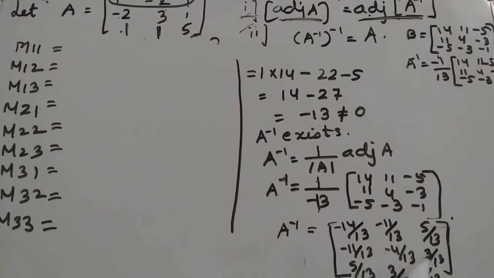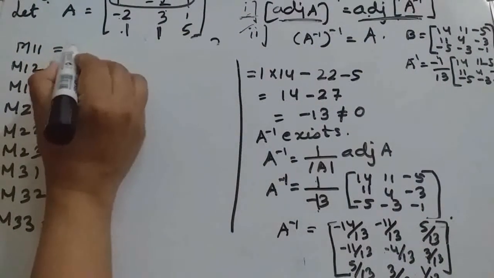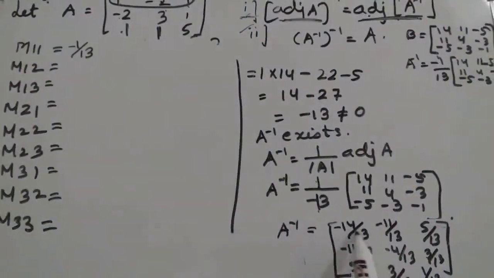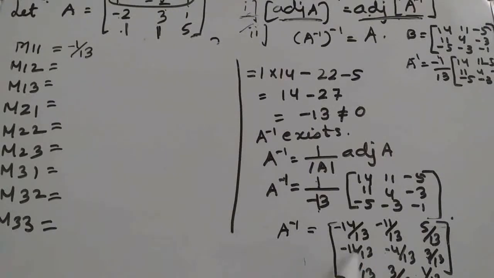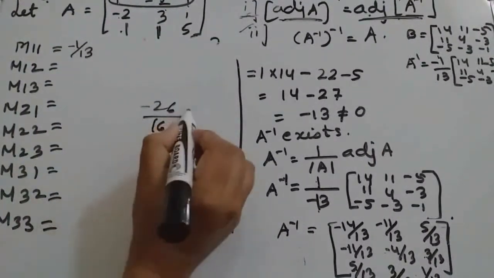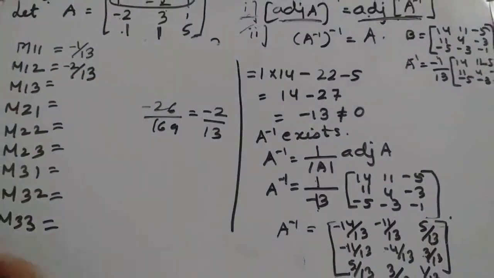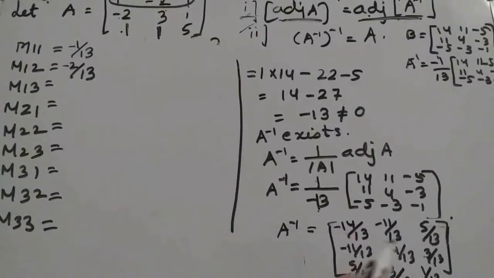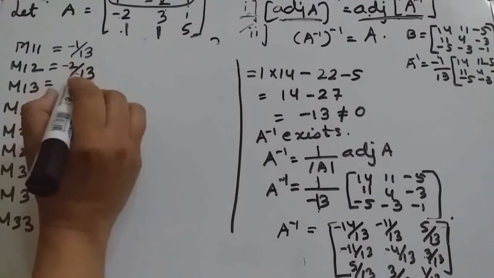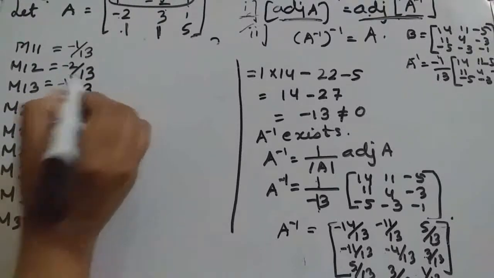So minus 4, minus 9, minus 13 by 169, that will give minus 1 by 13. Then first row, second column means minus 11, minus 15, minus 26 by 169, that will be minus 2 by 13. So I will write here minus 2 by 13. Then next is first row, third column means minus 33 plus 20, that is minus 13 by 169, so minus 1 by 13 we can write.